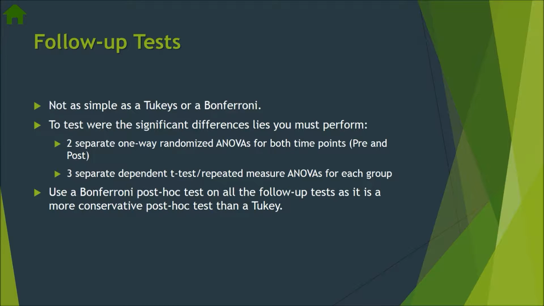Follow-up tests for a mixed model ANOVA are not as simple as just performing a Tukey's or a Bonferroni, because in a mixed model ANOVA, you have both a between subject effect and a within subject effect. So you can't really just use a Tukey's or a Bonferroni as a post hoc test.